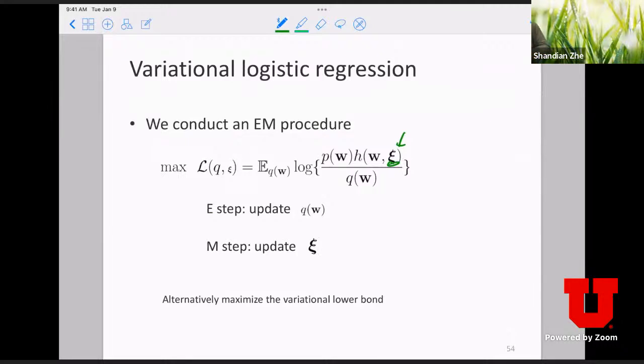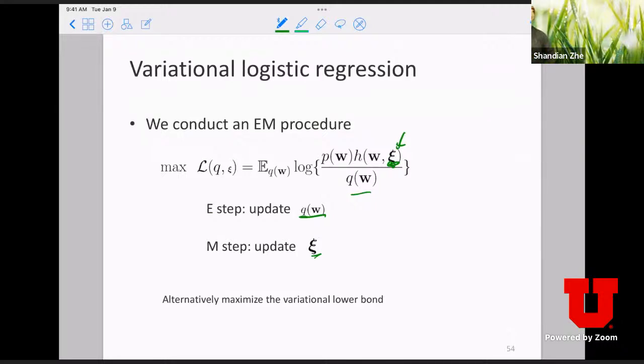So given this auxiliary parameter C, optimizing Q of W is very easy. It is equivalent to the E step. You just calculate the optimal Q of W in closed form. And then you fix Q of W, you maximize this lower bound with respect to C, which corresponds to the M step. So we just conduct the E step and M step until convergence or the maximum number of iterations.